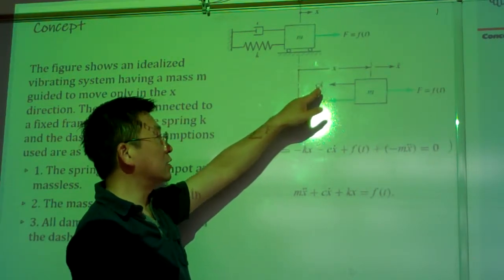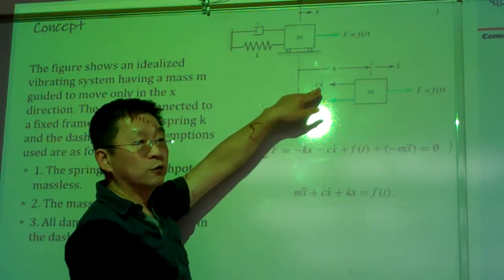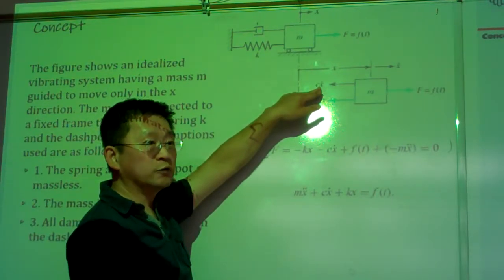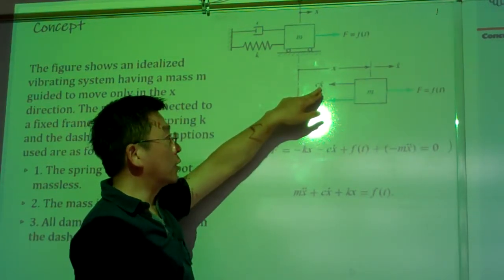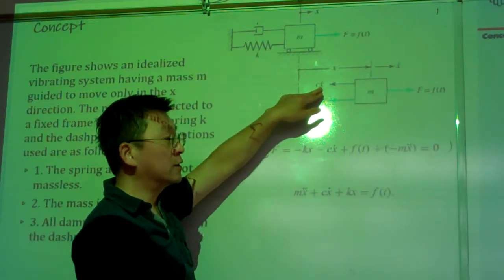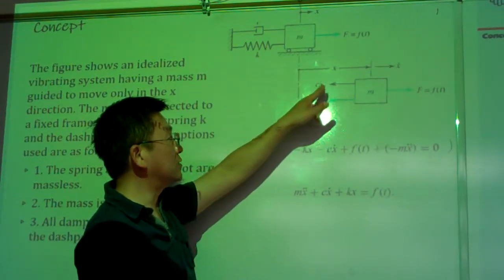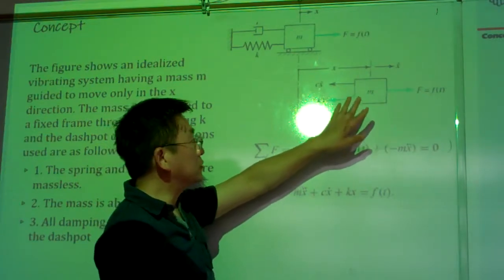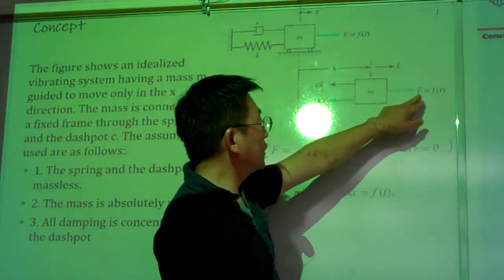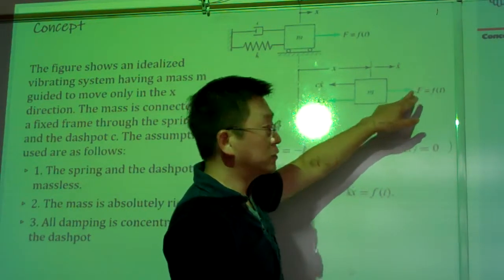The damping or viscous force always opposes the motion, opposes the velocity, so that is in this direction. And for this case, the mass also has the external force applied.